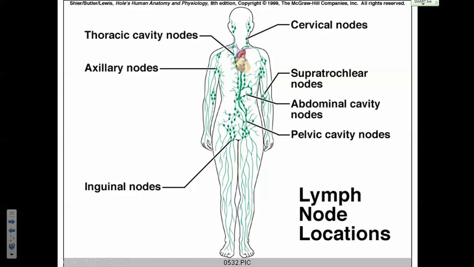Along the way, the lymph, which is the name of the fluid in a lymph vessel, drains through these little organs called lymph nodes, and they're basically there to filter the lymph of anything that you should not have, whether it's a pathogen or just some chemicals that you don't need. The lymph nodes help to filter the lymph.